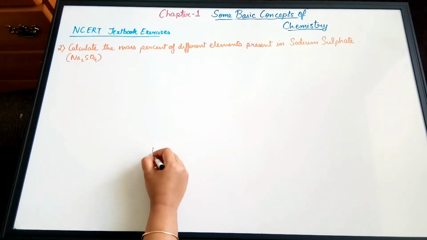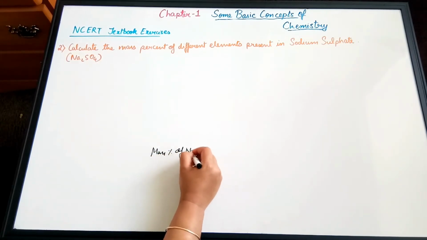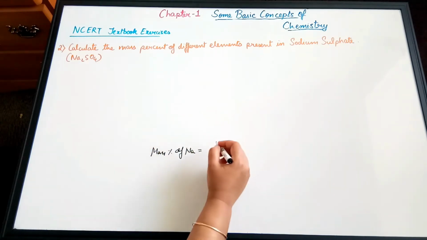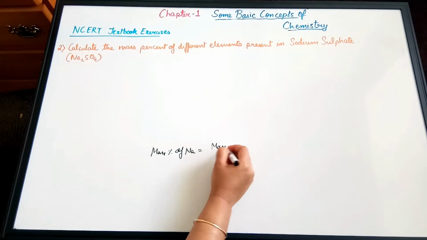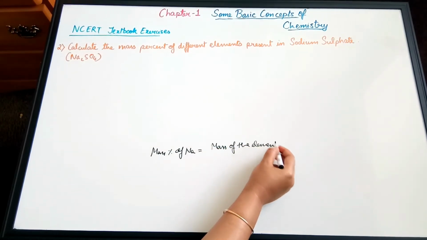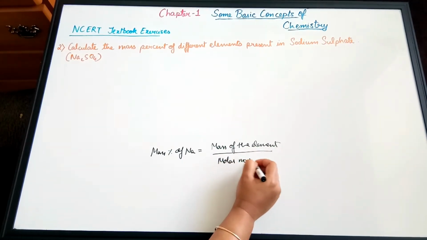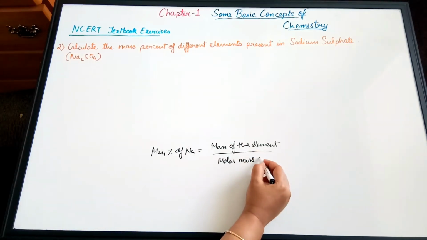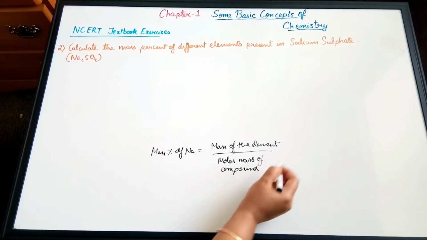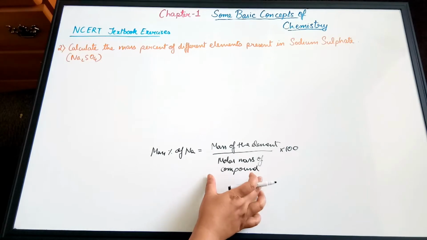Suppose we need to find the mass percentage of sodium in this compound. The mass percent will be equal to the mass of the element, in this case sodium, divided by the molar mass of that compound, Na2SO4, into 100. So here we need to figure out the molar mass of the compound.